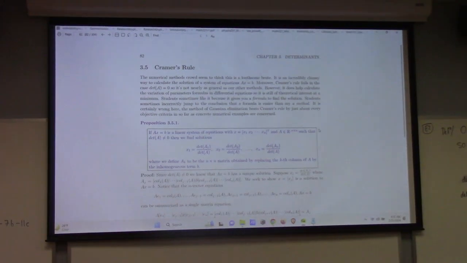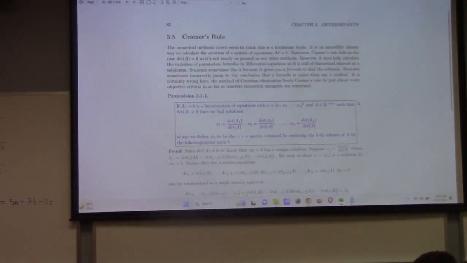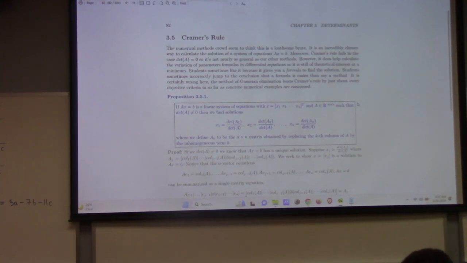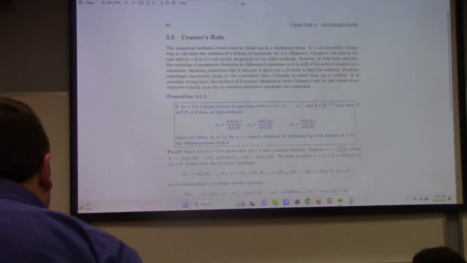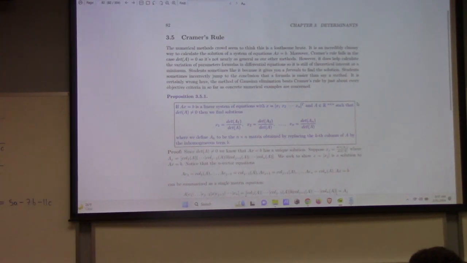So here I have Cramer's rule. We went through this derivation the other day. I think I said something like an idle threat about you deriving the formula for the inverse on the test. That's not reasonable, in the sense that there's that technical nastiness that we got stuck on in class.